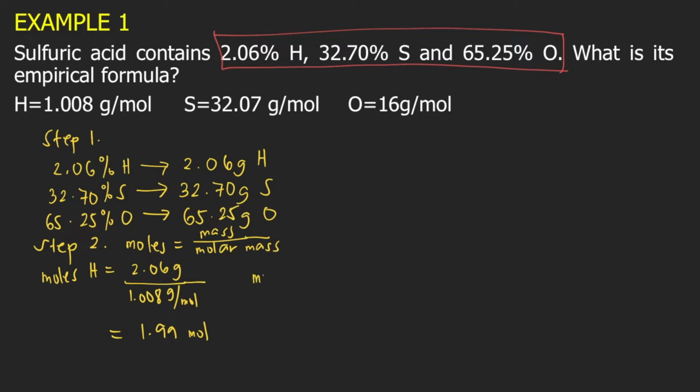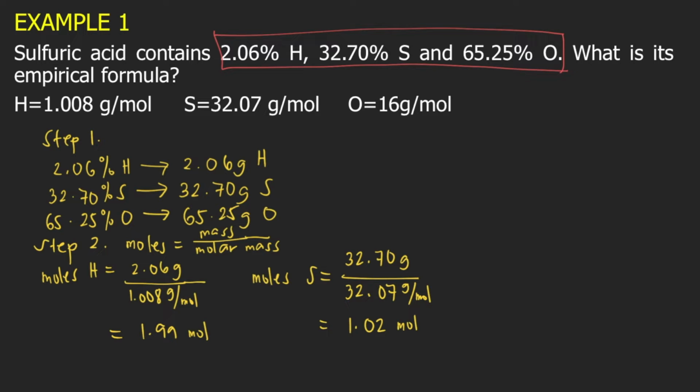Now let's move on to the moles of sulfur. We are given the mass of sulfur, 32.70 grams, divided by the molar mass of sulfur in the problem, which is 32.07 grams per mole. If you solve this in your calculator, this will give you 1.02 moles of sulfur.